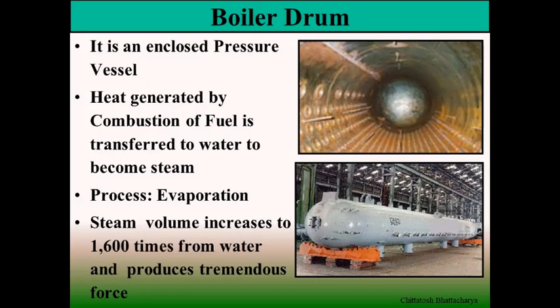Water is coming into the drum from the economizer, then it is passed through the downcomer for heating in the water walls, and the water steam mixture is coming back to the drum, and then there is a separation of steam in the saturated condition, dried and sent for superheating.